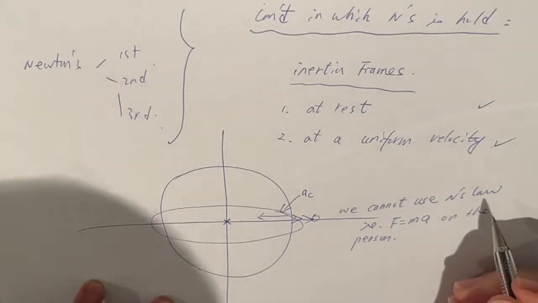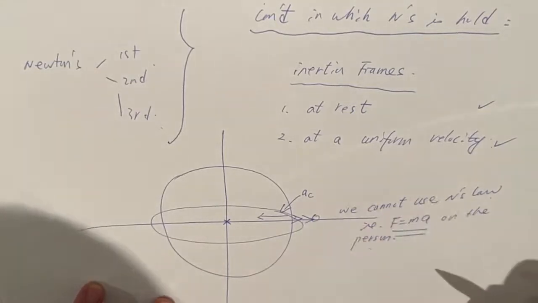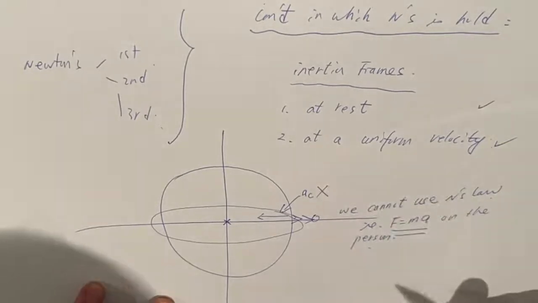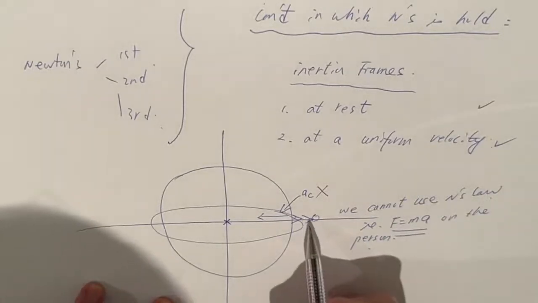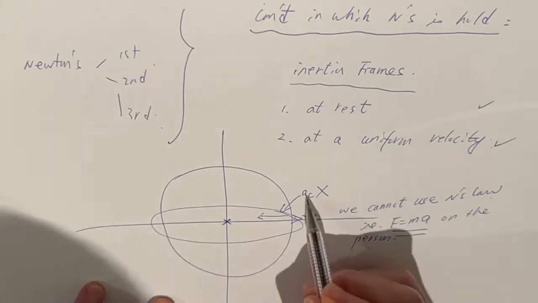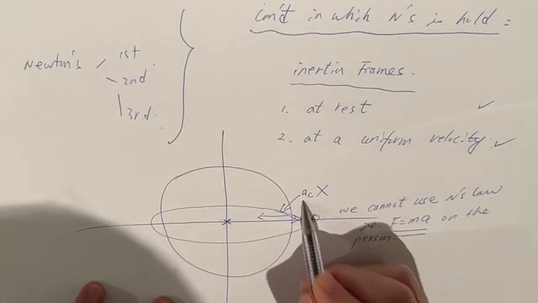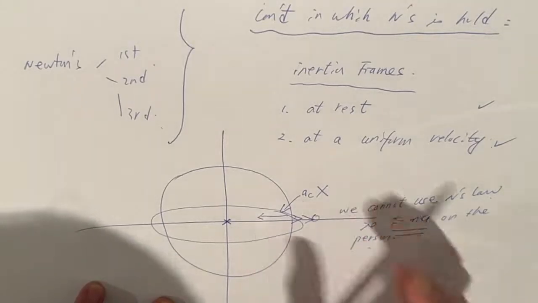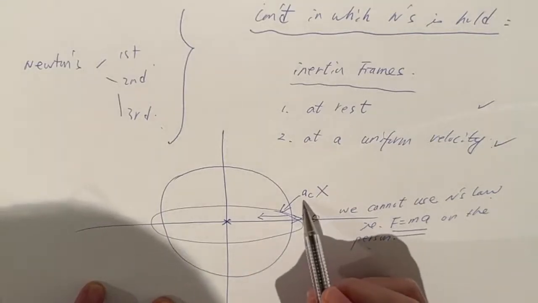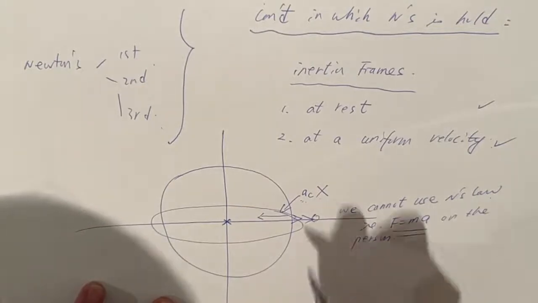Now, what happens when students try to use Newton's law, F equal to ma, on this person? The students just ignore the fact that this person has a centripetal acceleration towards the center of the Earth. So, if you ignore this, we will get a wrong answer for the weight of the person here. If we ignore the centripetal acceleration a_c, then we just draw the force diagram.